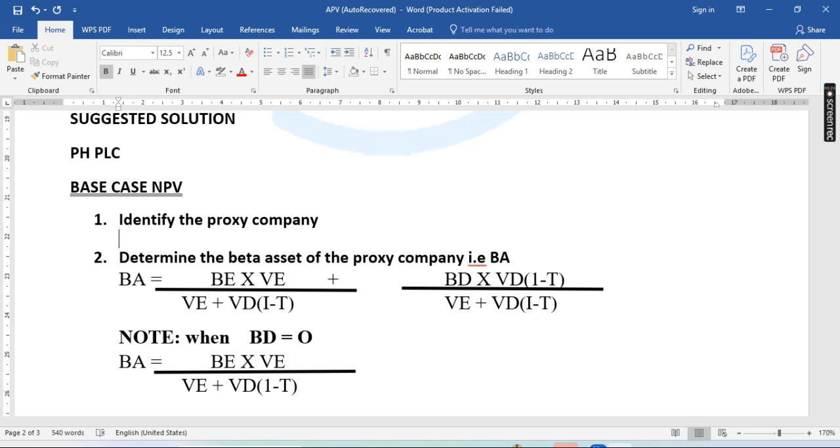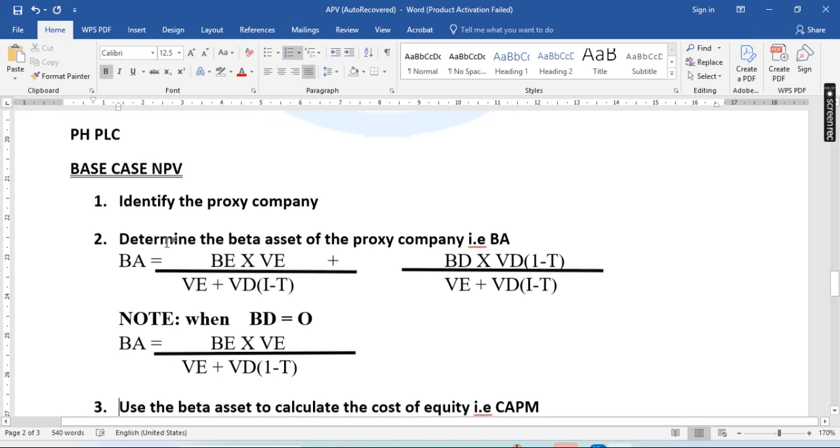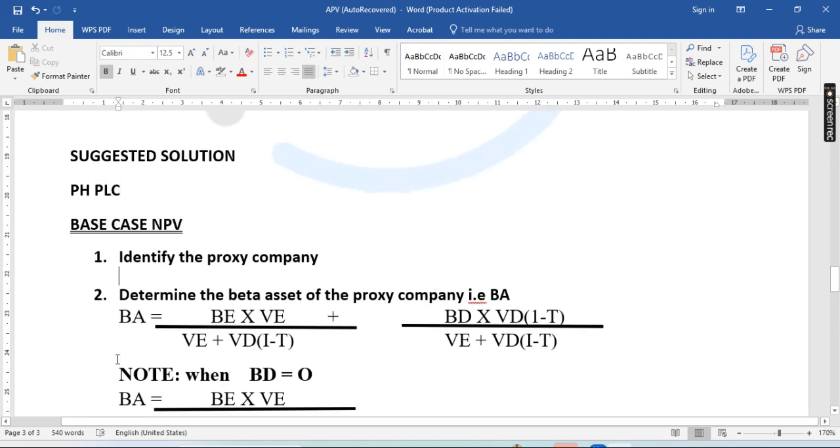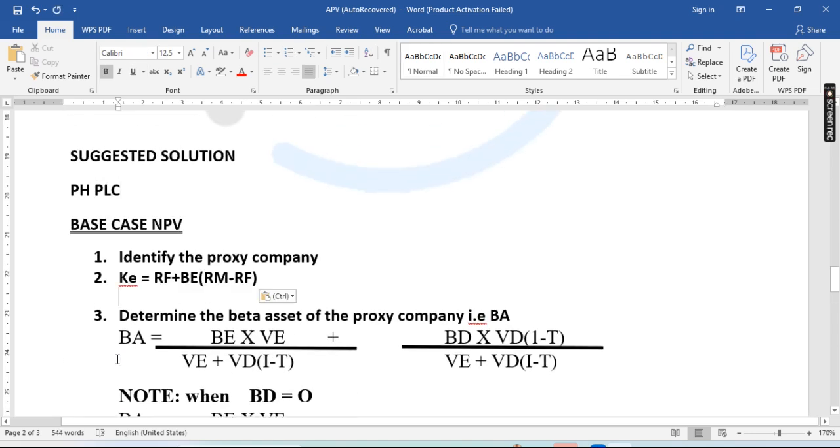If you want to determine asset beta, you need equity beta, right? So in this case, since the equity beta is not given, but we're given the cost of equity of the proxy company, we can quickly use the CAPM formula and make beta the subject of the formula.